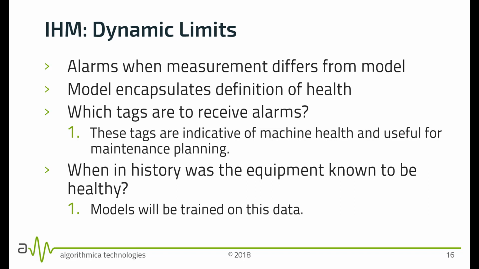So you will need to decide on times and dates and time periods for which you know that the equipment was healthy in the past, and then the models will be trained on that historical time period. As a result, the model then can encapsulate healthy behavior, accurately detect machine sickness, and because of the tags you've chosen, will be able to send you alarms that will be useful in your use to plan maintenance activities for those tags, respectively for those machines.